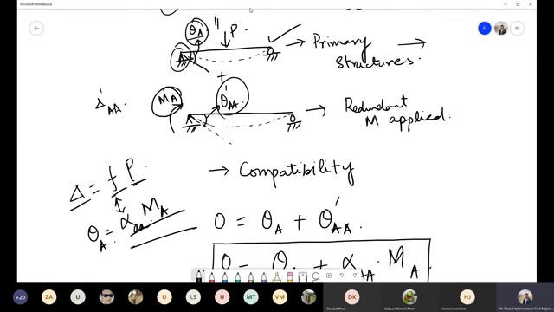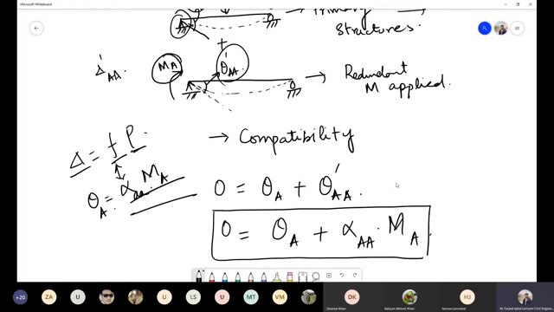We can apply those methods and figure out this rotation theta A. This moment MA is unknown, and from this beam we will calculate this alpha A.